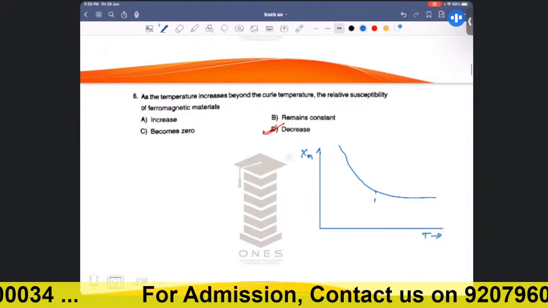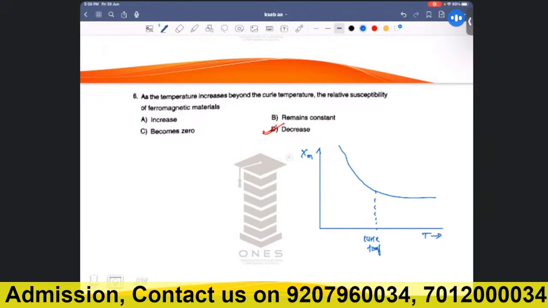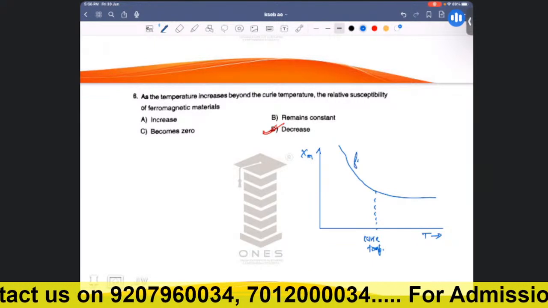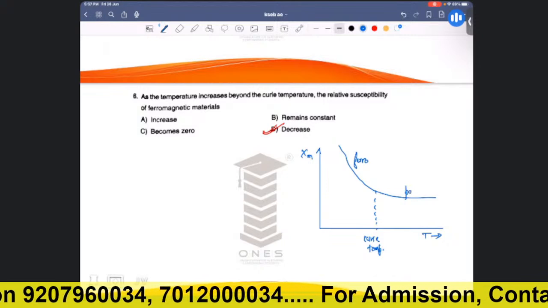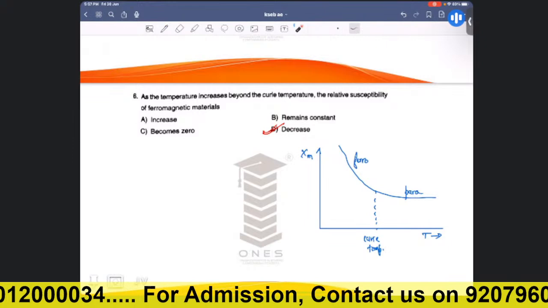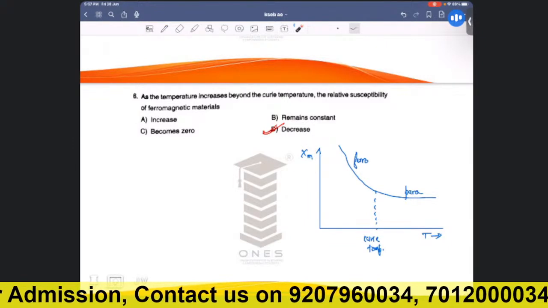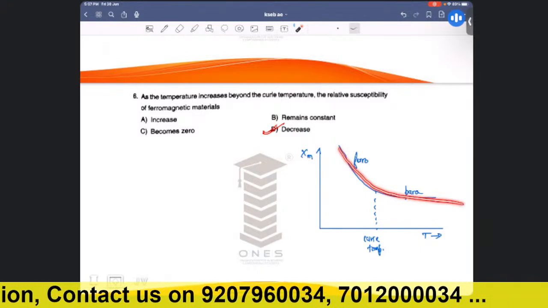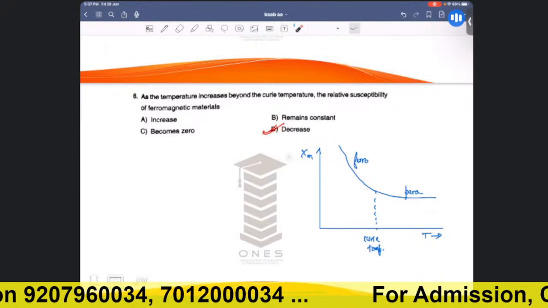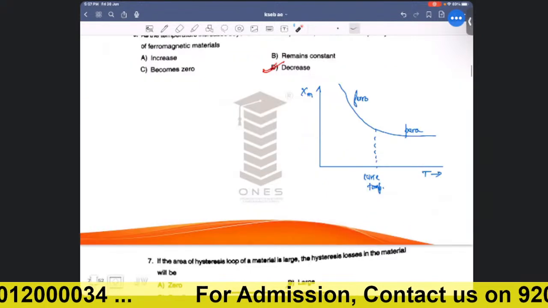This is the Curie temperature. After the Curie temperature, a ferromagnetic material will become a paramagnetic material. Whether ferro or para, the relative susceptibility chi m keeps decreasing with temperature. So the answer will be option D, decreases with temperature.